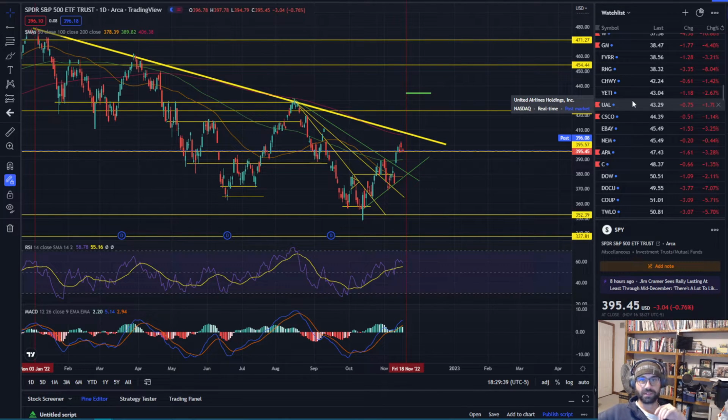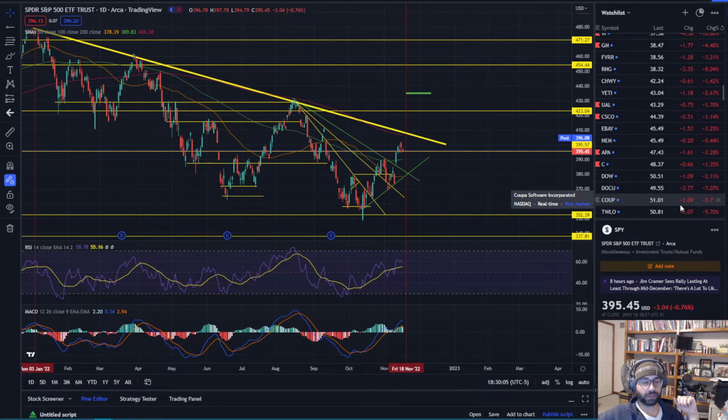I'm in a couple positions like that right now, where they refuse to expire worthless because they keep dancing on both sides of it. It goes in and out of the money. From that perspective, you can sometimes collect more premium, but a lot of times you just end up waiting and waiting and waiting.